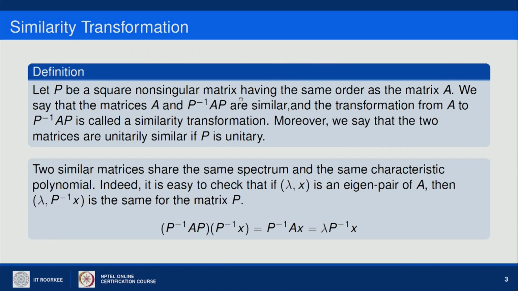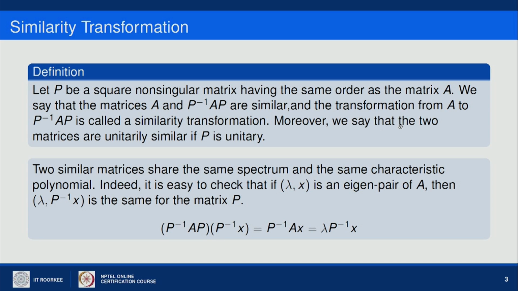So, first of all, what is a similarity transformation? Let P be a square non-singular matrix having the same order as the matrix A. Please note that P should be a non-singular matrix, and it should be of the same order as A. We consider the matrices A and P inverse AP, with pre-multiplication by P inverse and post-multiplication by P. We say that matrix A and matrix P inverse AP are similar, and the transformation from A to P inverse AP is called a similarity transformation.